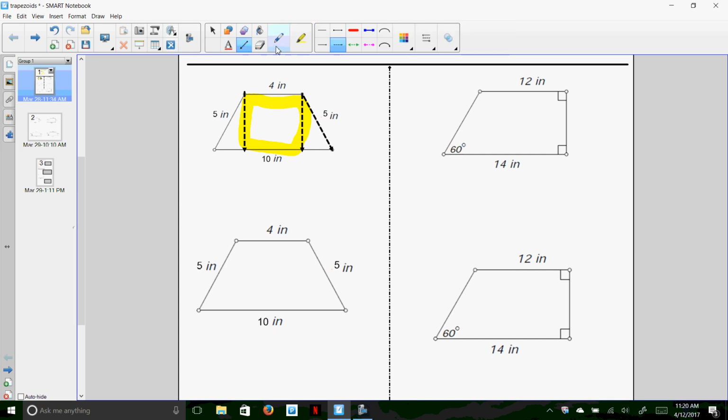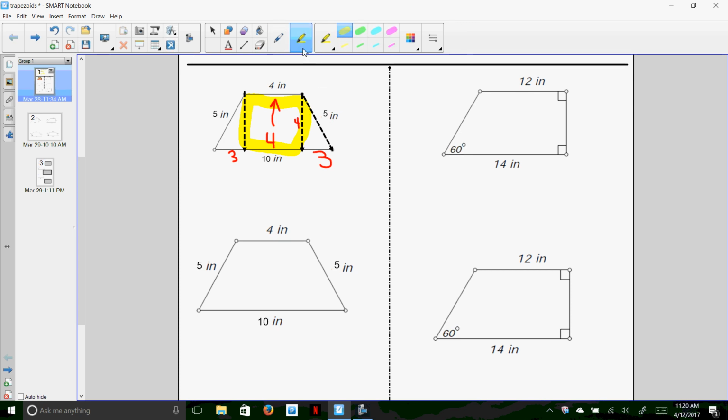So what my process is, opposite sides are equal. Now I have a 10, I have a 4, that means 6 is left over, and these two pieces on the outside have to be equal. So that means I have a Pythagorean triple.